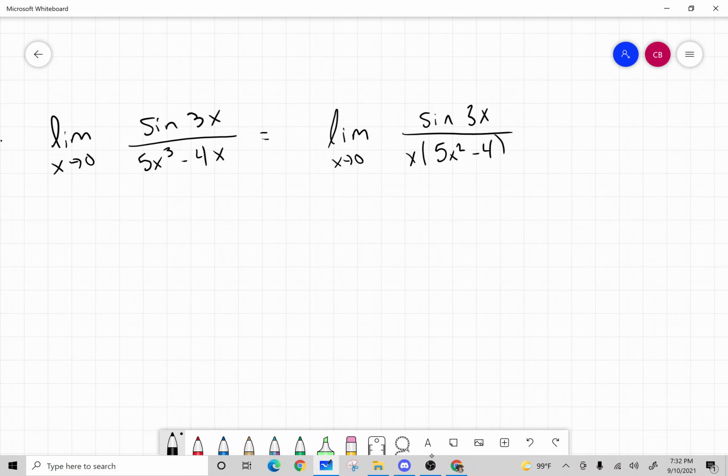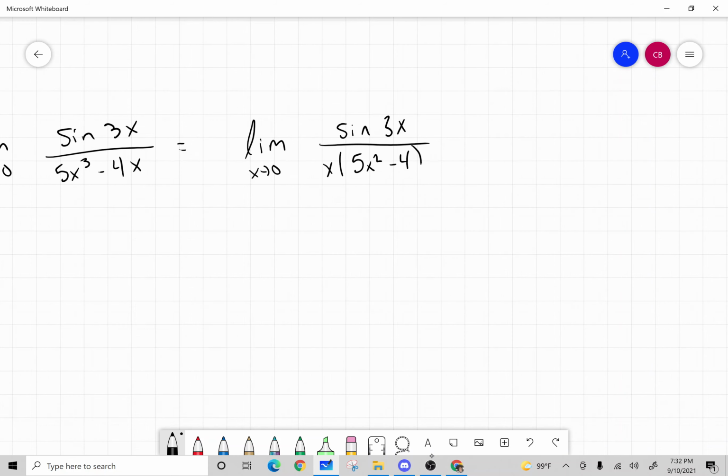Now, the trick is usually when you have this x down here, you kind of leave it down here, but being mathematicians, we know that we can write it as follows. We have the limit as x approaches 0, and we're going to write this as sine 3x over x, and then 5x squared minus 4.